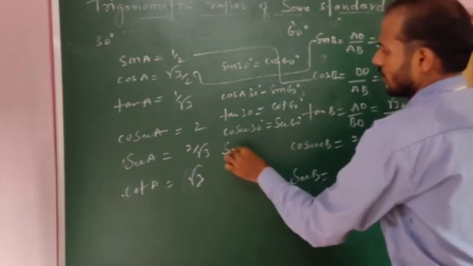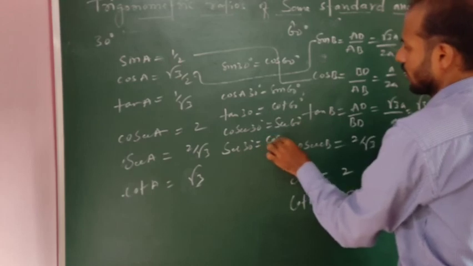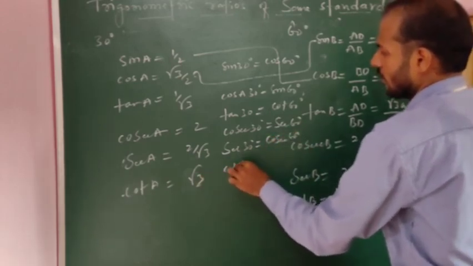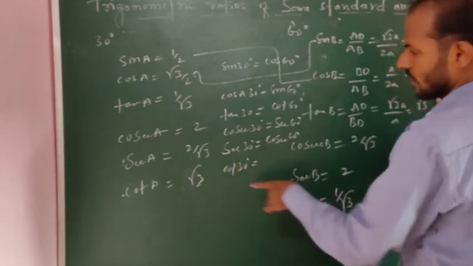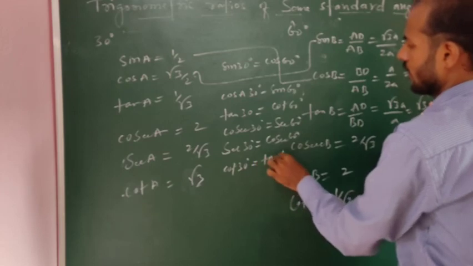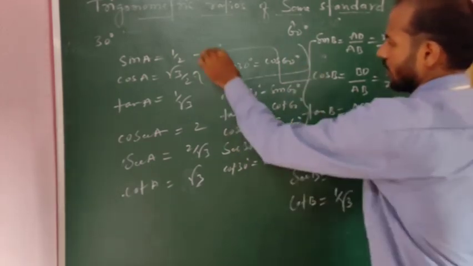Next, sec 30 degree is 2 by root 3, which is cosec 60 degree, and cot 30 degree is root 3, which is tan 60 degree. These are all you have to keep in mind.